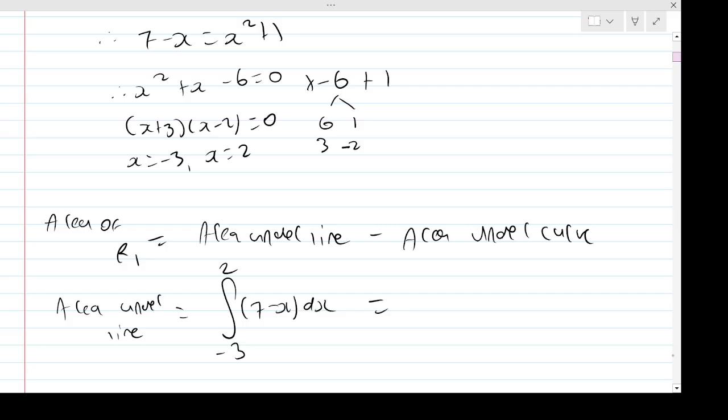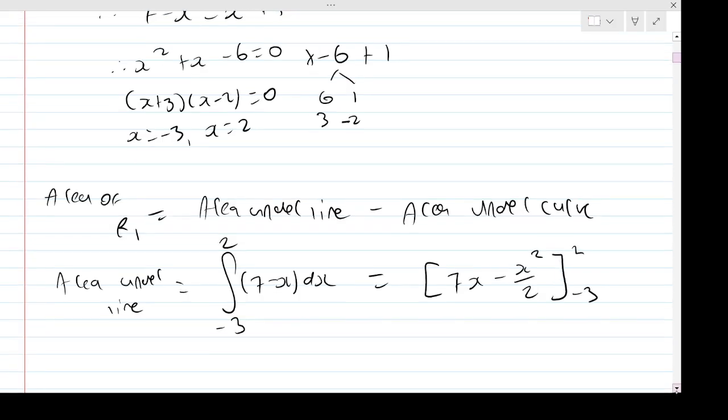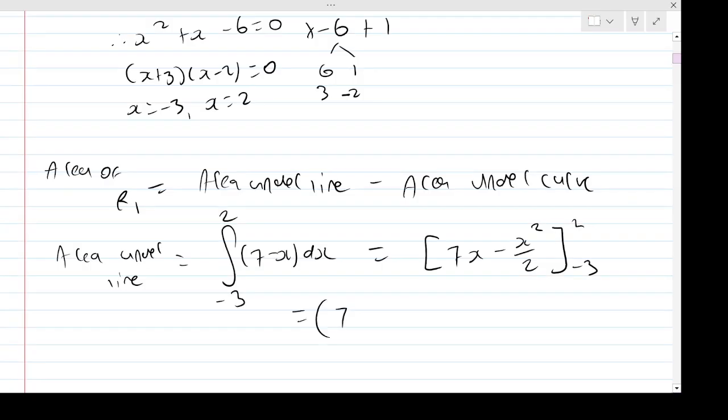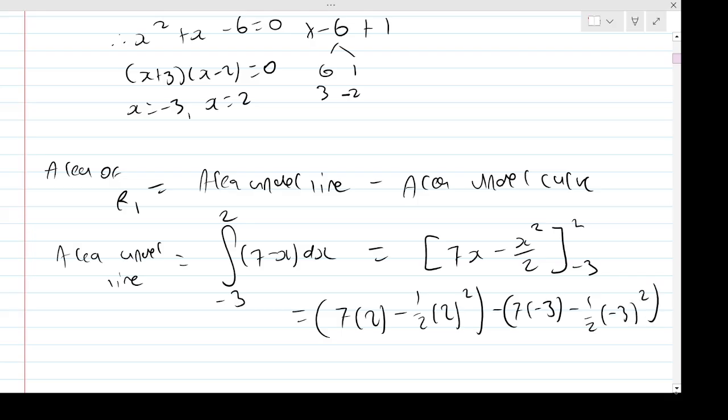So if I integrate it, that'd be 7x, take away x squared over 2, between 2 and -3. So then we sub our limits in. That'd be 7 lots of 2, take away a half lots of 2 squared, then take away, when I plug in -3, 7 lots of -3, take away a half lots of -3 squared.